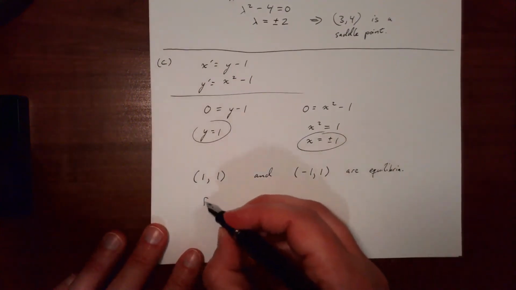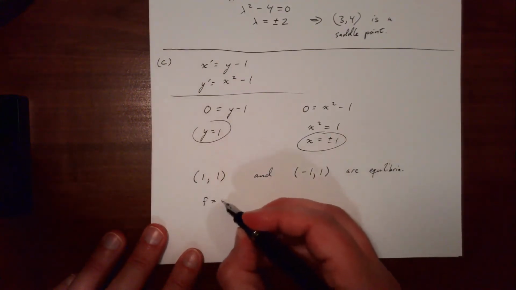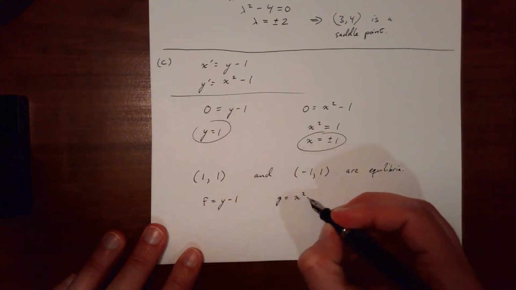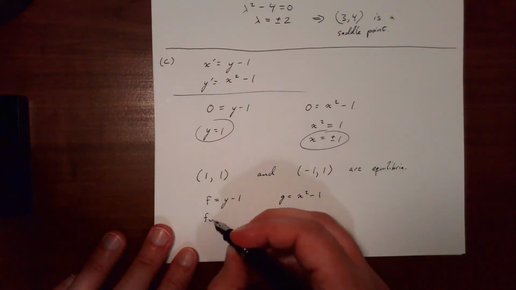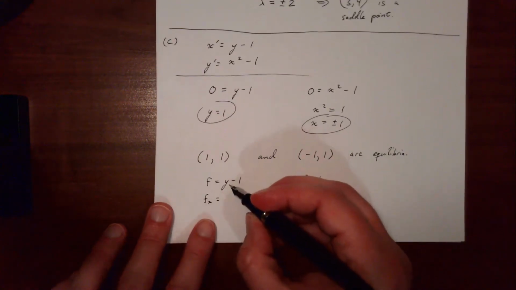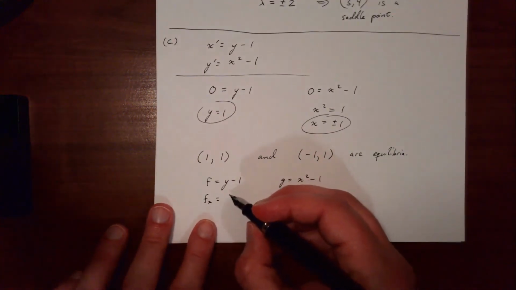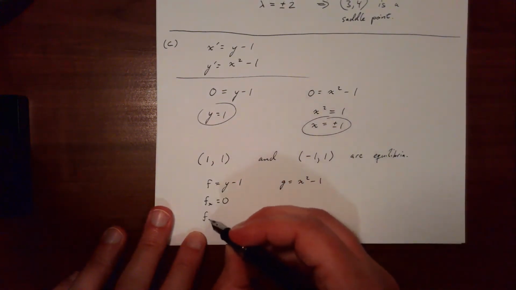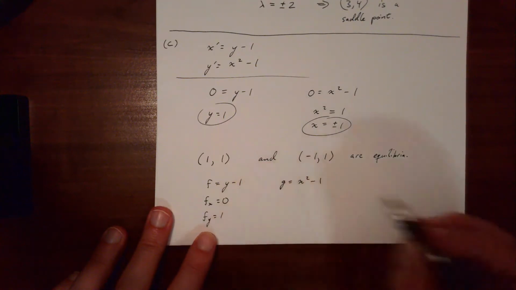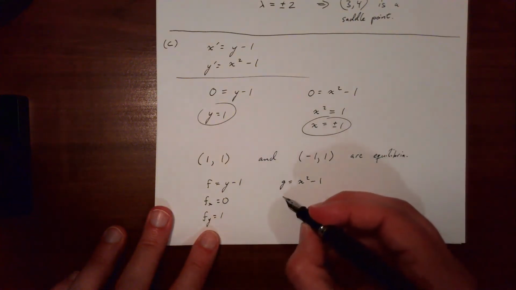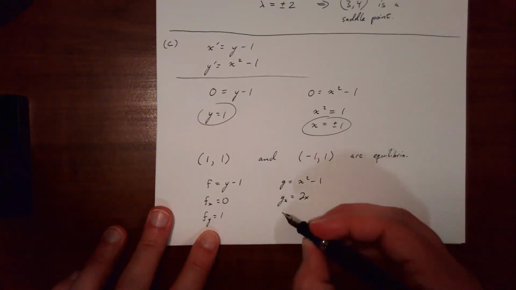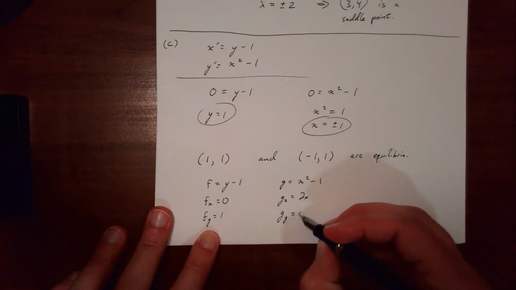All right, well now if f is equal to y minus 1 and g is equal to x squared minus 1, then f sub x is going to be the derivative of this with respect to x, but there is no x, and so it's going to be 0. F sub y is going to equal 1. Here, g sub x is going to be 2x, and g sub y is going to equal 0.